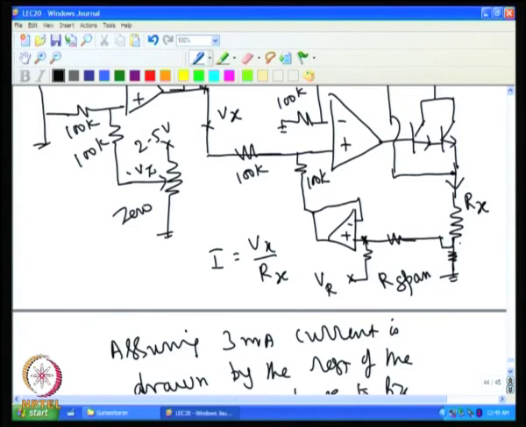If I have equal resistances, say 100k, then VR plus this are added together. So, by adding a suitable voltage at this point, one can get the voltage at this point that will actually be added with this.